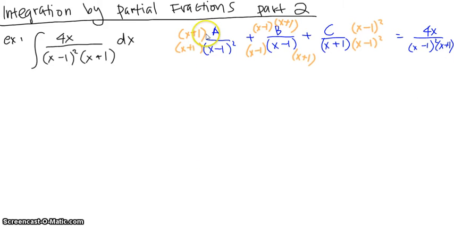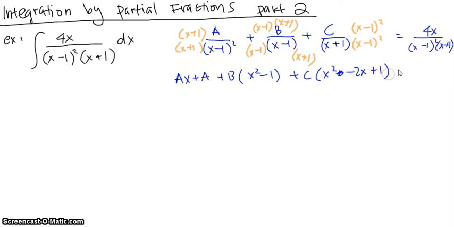Now, I can distribute that in: ax plus a, plus b times, this looks like a product of a minus b times a plus b, so I get x squared minus 1, plus c times x squared minus 2x plus 1. And that should equal 4x.